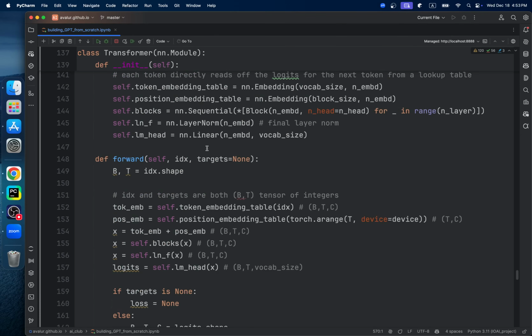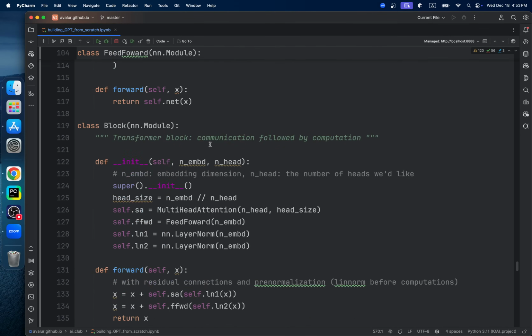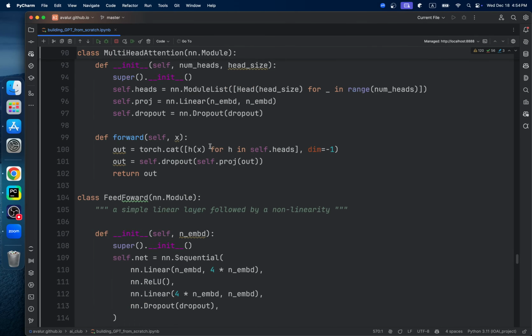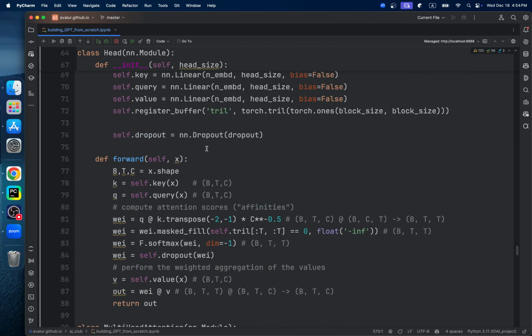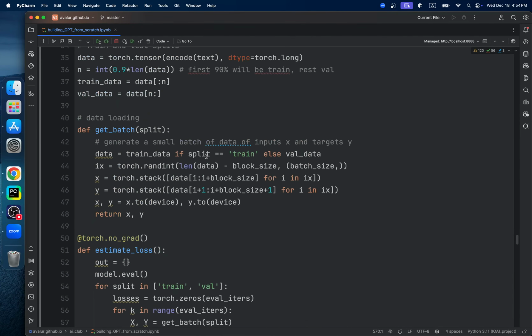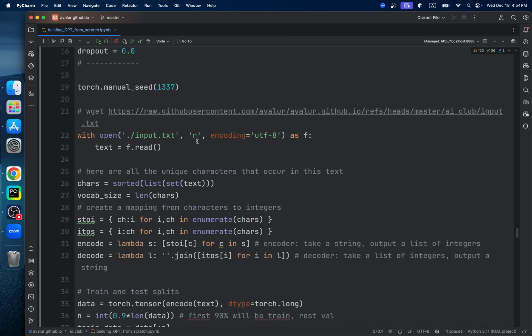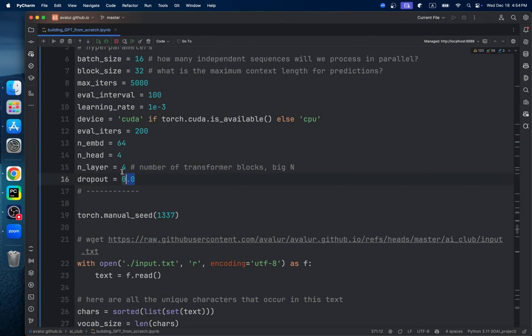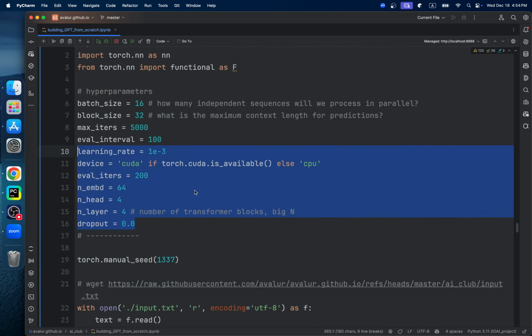So let's look into the classes. We specify all the hyperparameters for the model.